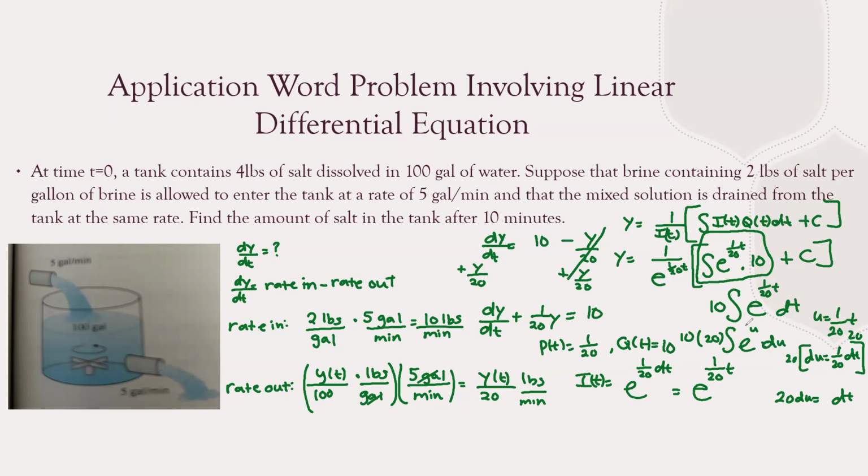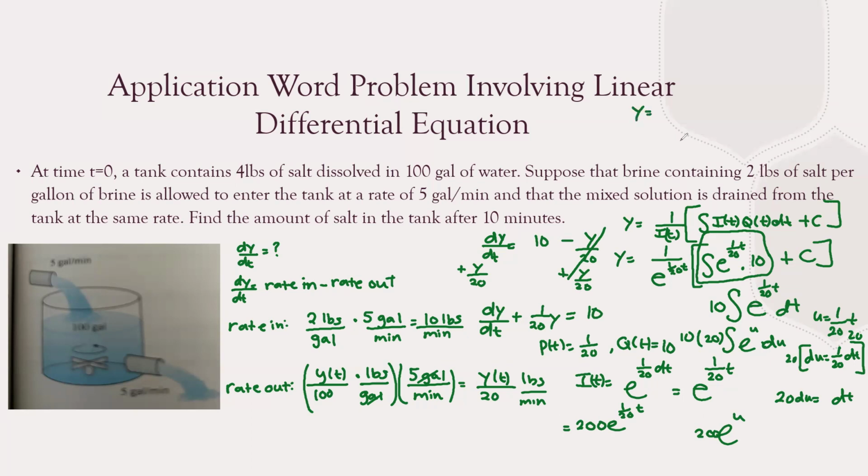And what's the integration of e to the u? It's just e to the u, and then what's 10 times 20? 200. So that would be 200 e, and then your u is 1 over 20t. Okay, so let me put it right here.